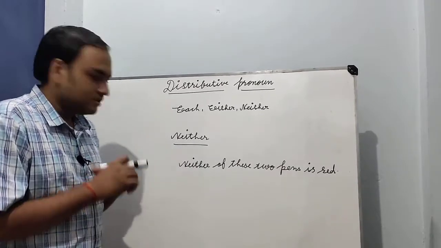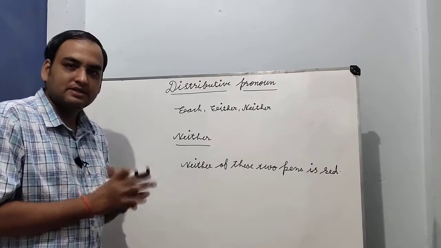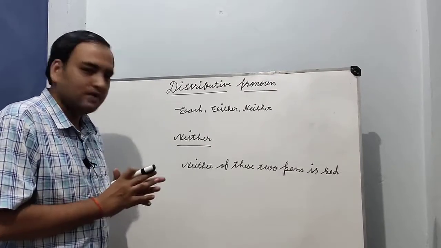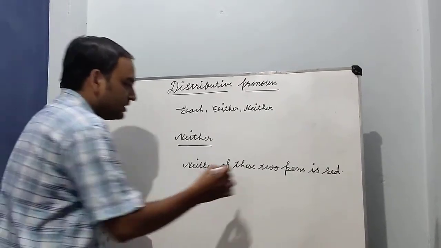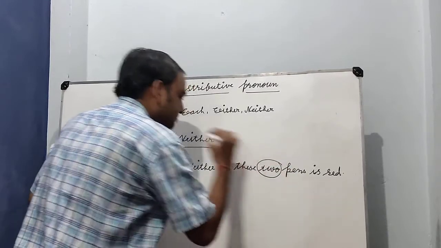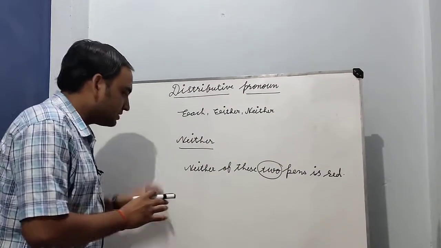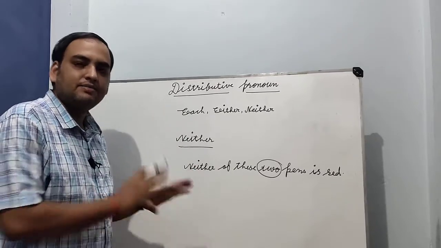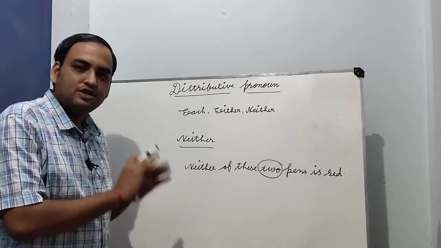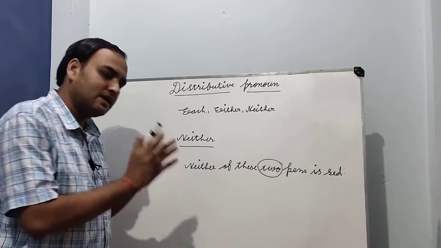Okay, so guys, we have to understand here, I also want to add one thing. If this 2 is not mentioned in a sentence, it means that if we are using either or neither in a sentence, there are only 2 persons, 2 things. It is understood.